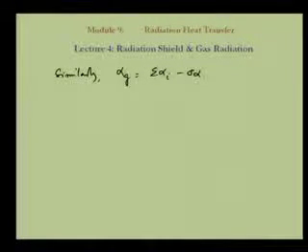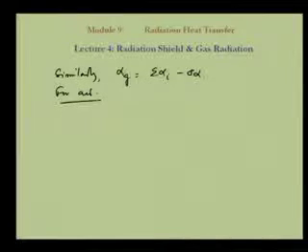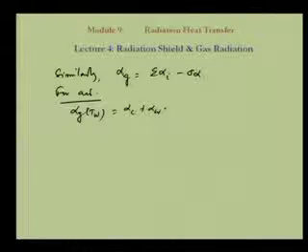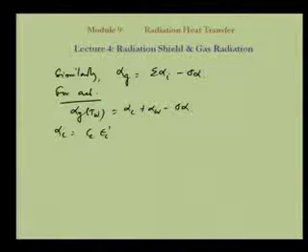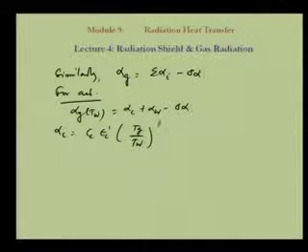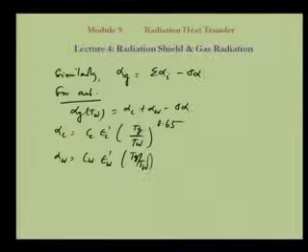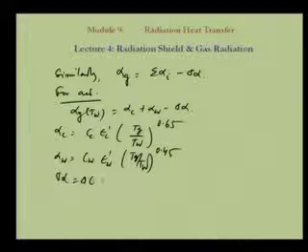In the similar way, for air, alpha g at T_w is calculated as alpha_c plus alpha_w minus delta alpha, and here alpha_c is C_c epsilon_c dashed into (T_g by T_w) to the power 0.65, and alpha_w is equal to C_w epsilon_w dashed (T_g by T_w) to the power 0.45, and delta alpha is equal to delta epsilon at T_w. So, from the figures again these can be calculated.